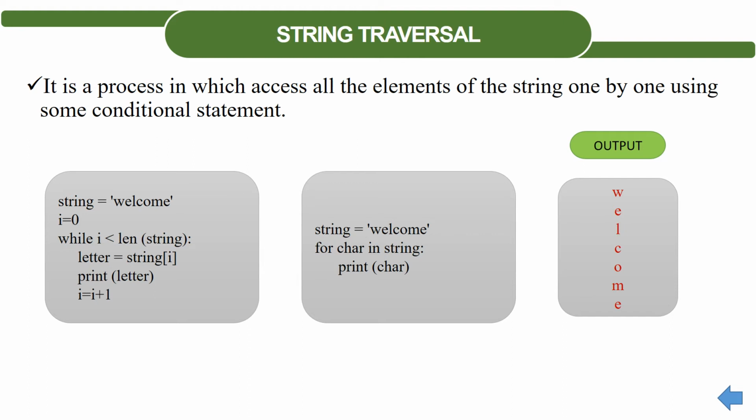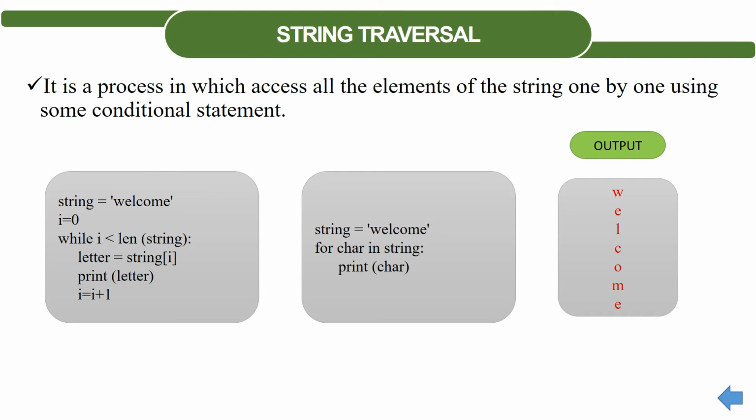At one point the index becomes equal to the length of the string, so the condition of the loop becomes false and it comes out of the loop. The last character is displayed with the index len(var) - 1, which is the last character. So the whole string will be traversed and displayed.